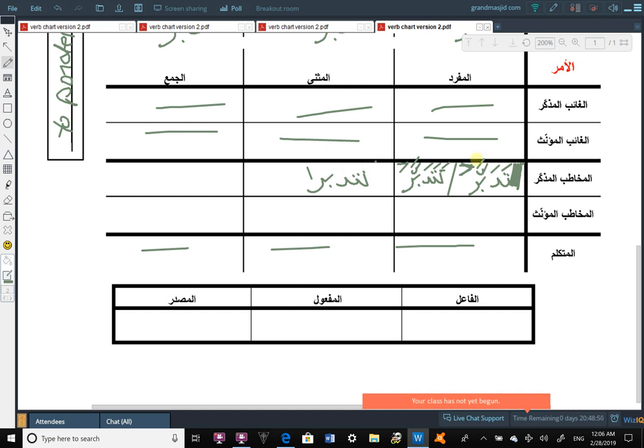Not tatadabbar, just tadabbar. I said we got rid of it and I put it back in there. I apologize. Let's do that again. Tatadabbaru, we change that to a sukoon. We get rid of our first ta. So we say tadabbar. Tadabbar, or tadabbara.